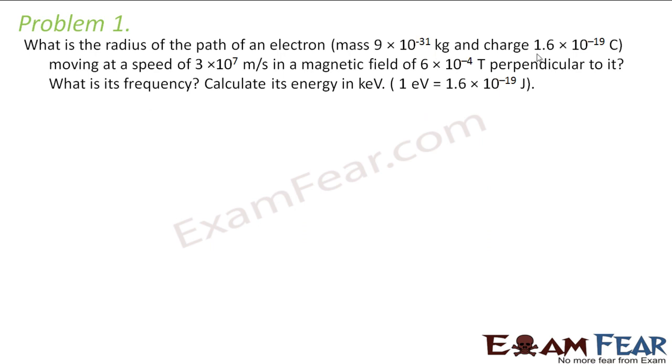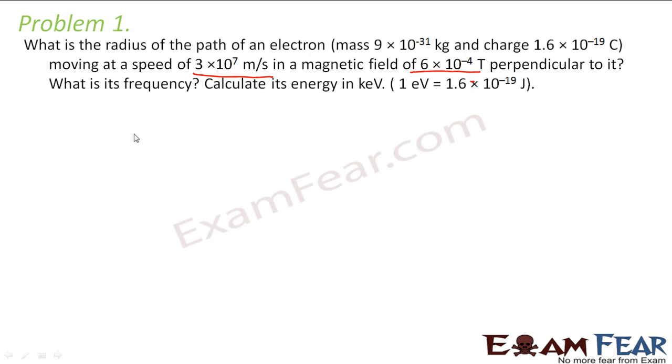The problem says, what is the radius of the path of an electron of mass 9 into 10 to the power minus 31 kgs and charge 1.6 into 10 to the power minus 19 coulomb, moving at a speed of 3 into 10 to the power 7 meter per second in a magnetic field of 6 into 10 to the power minus 4 Tesla perpendicular to it.